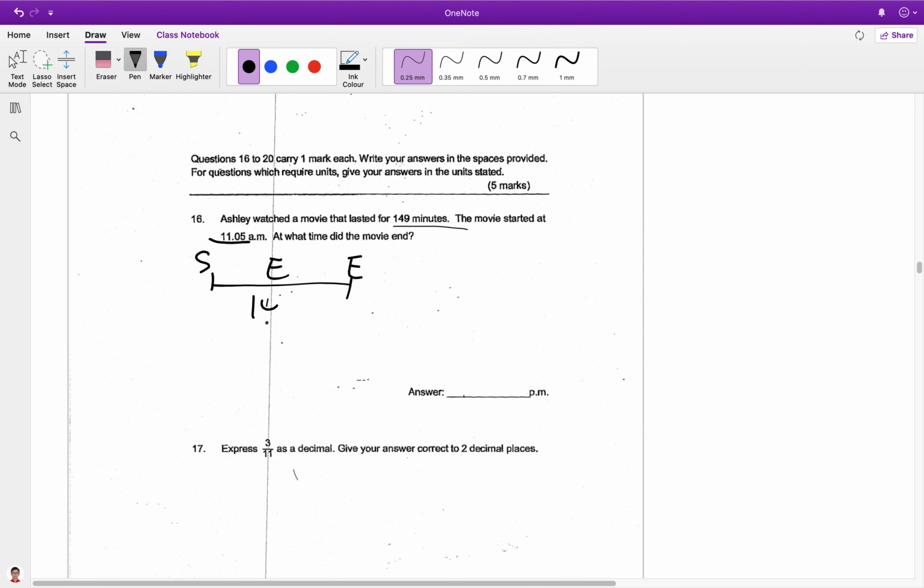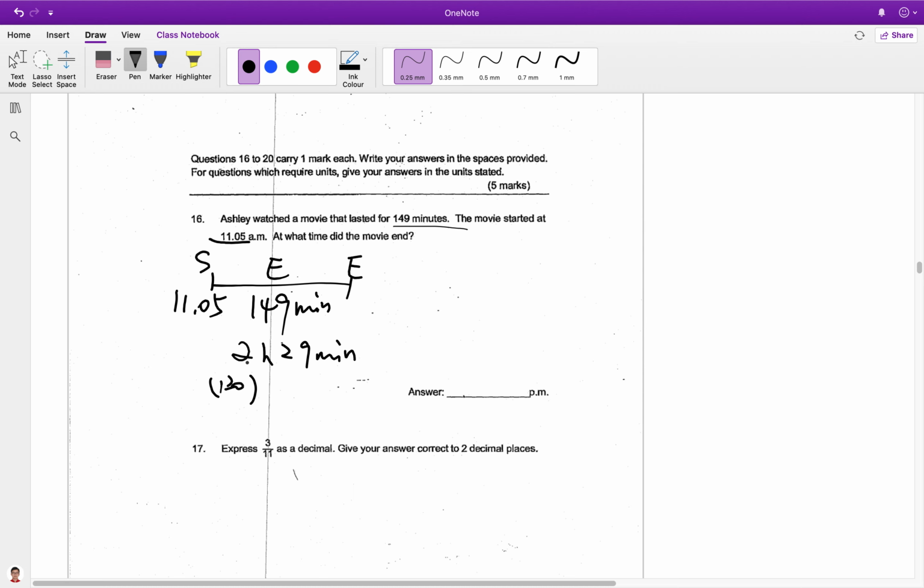So here elapsed time is 149 minutes. Well, this one actually we can calculate as 2 hours, which is 120 minutes, plus 29 minutes. So here we see start from 11:05, right?